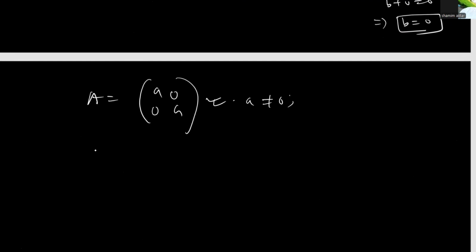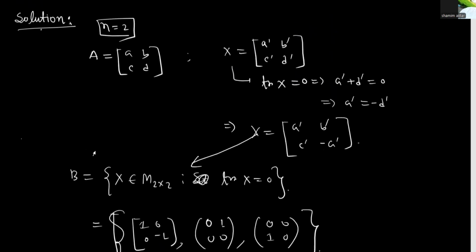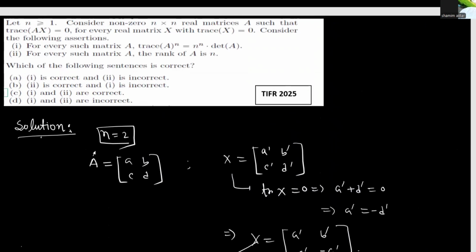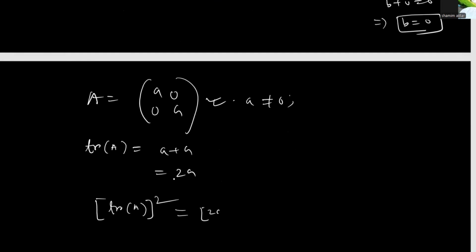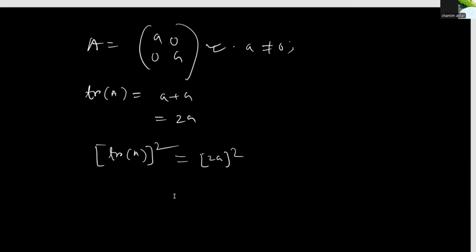Now the first condition: trace of A to the power n is equal to n to the power n into determinant of A. Now check the first condition. Trace of A is equal to a plus a, that is 2a. Now trace of A squared is equal to 2a squared, that is equal to 2 to the power 2 into a squared.